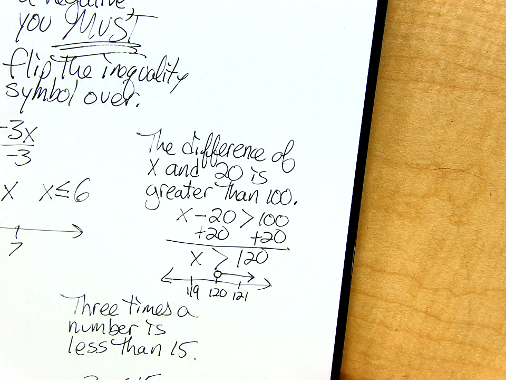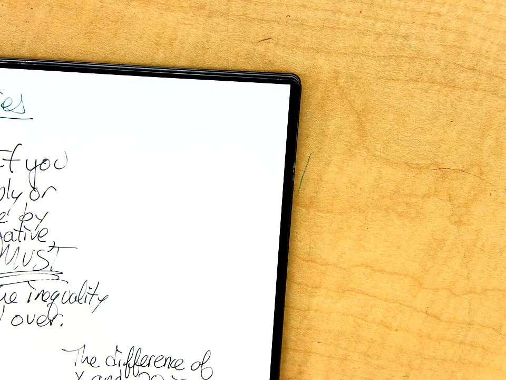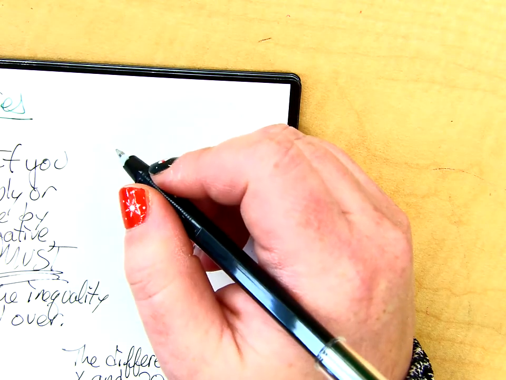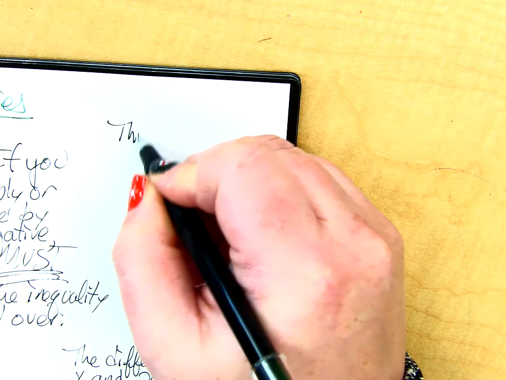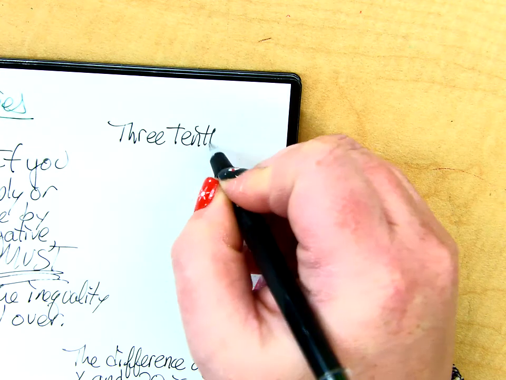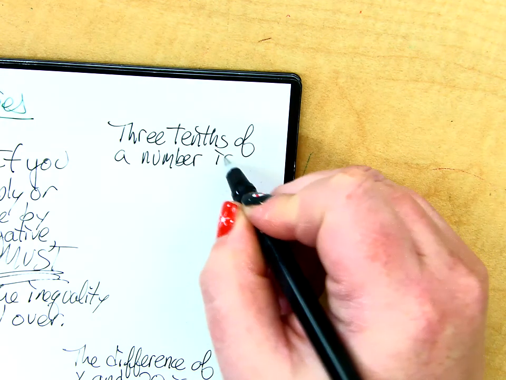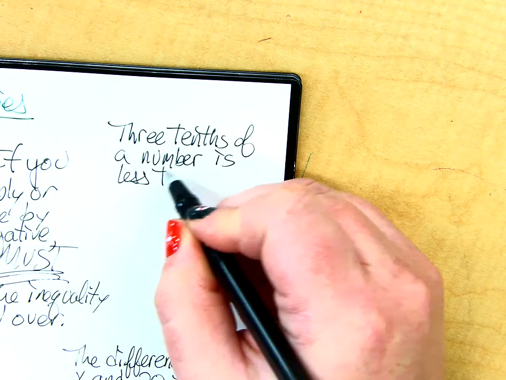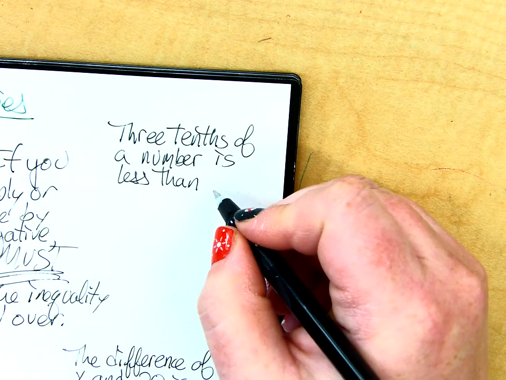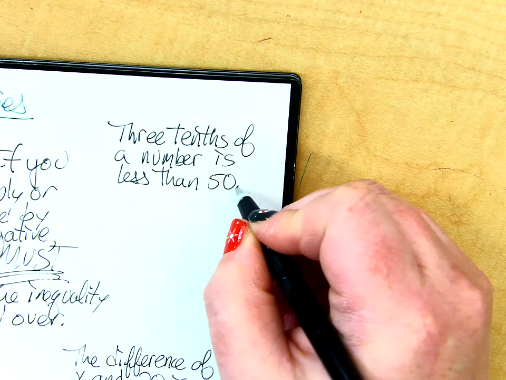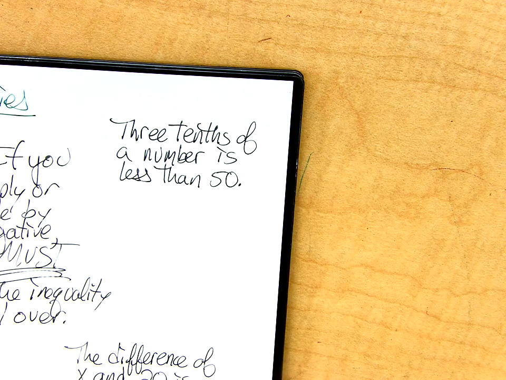Okay, one more. Let's do one that has a fraction in it. 3/10 of a number is less than 50.